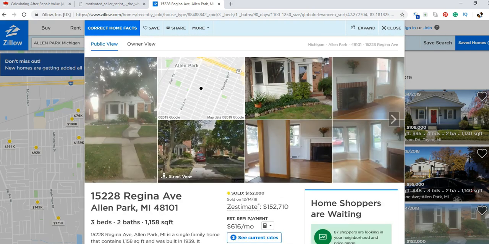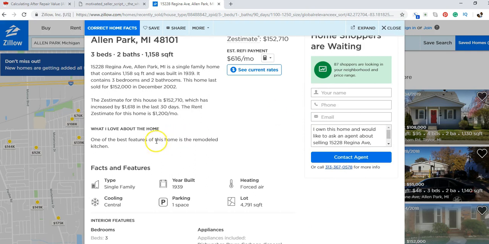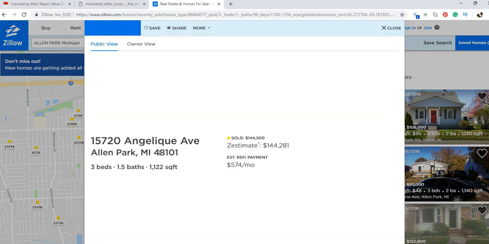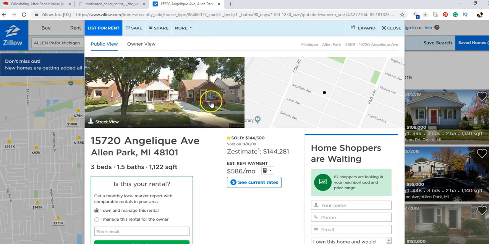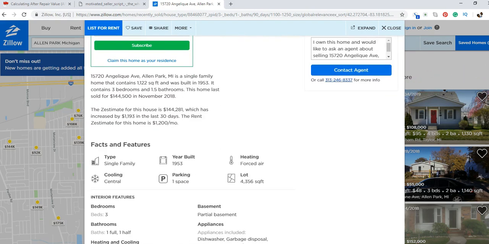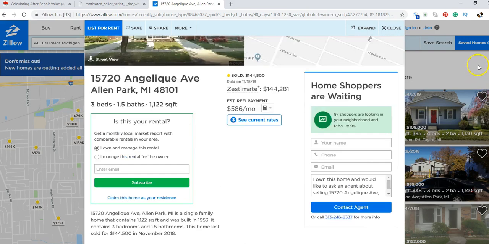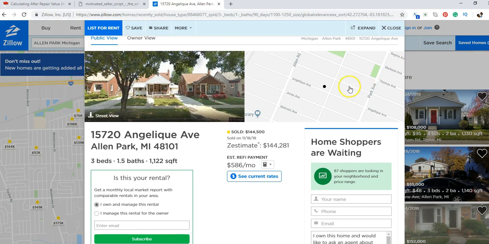It says it has a remodeled kitchen. So that's a decent comp. 144, again brick bungalow. Scroll down. It doesn't tell if it's been remodeled or not, but I would venture to say at that price it has been.